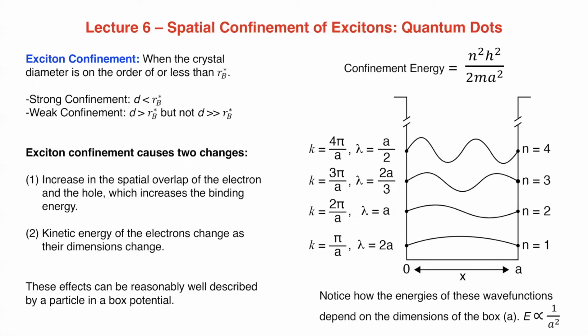If you make the box smaller, the energy goes up as 1 over the dimension squared. So the kinetic energies of these wave functions are a strong function of the dimensions of this infinite potential well. In the case of our nanocrystal, the wave functions are bounded by the dimensions of the crystal. The smaller you make the crystal, the larger the kinetic energies, the greater this confinement energy.